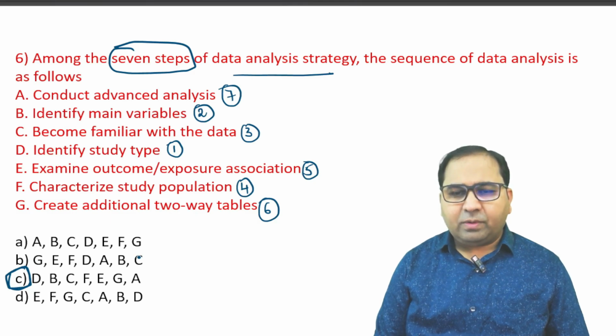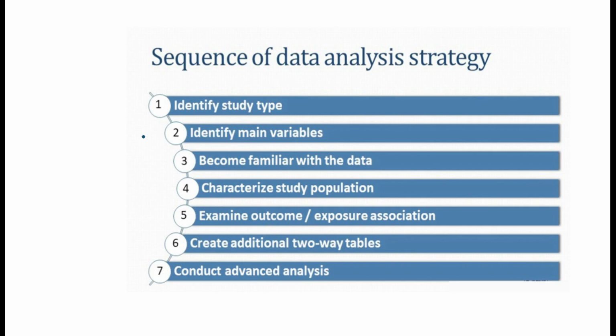Okay, so to answer this question correctly, you should have an idea of the sequence of steps of data analysis, which is as follows. Now see the information given in this slide. All of you have to become familiar with the sequence of data analysis strategy from 1 to 7. Once again we will read out from 1 to 7. 1 is identify the study type.